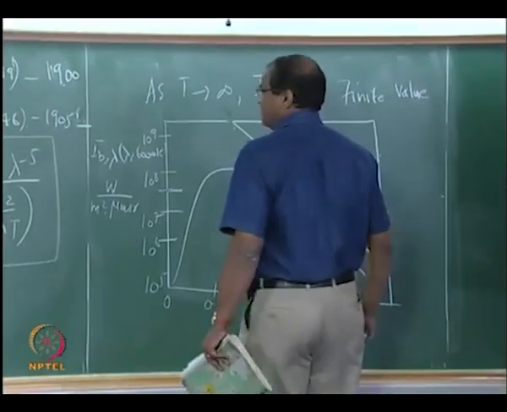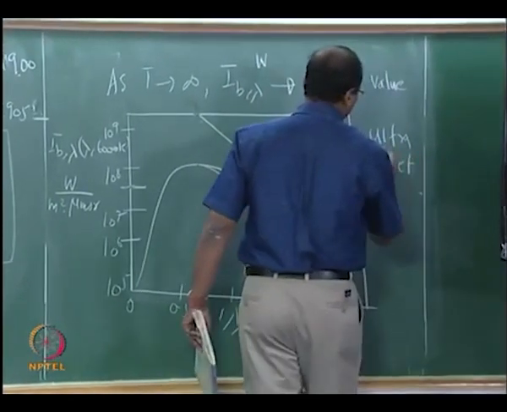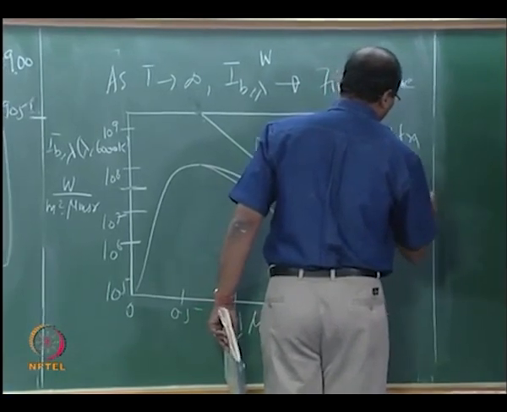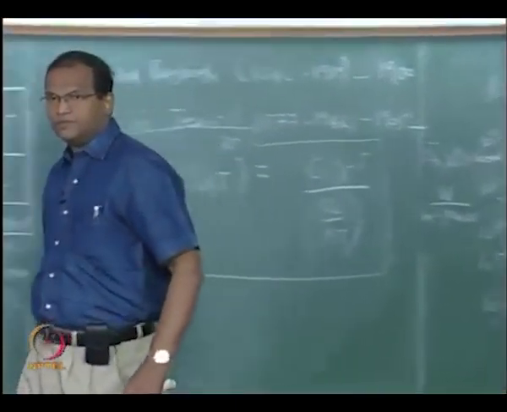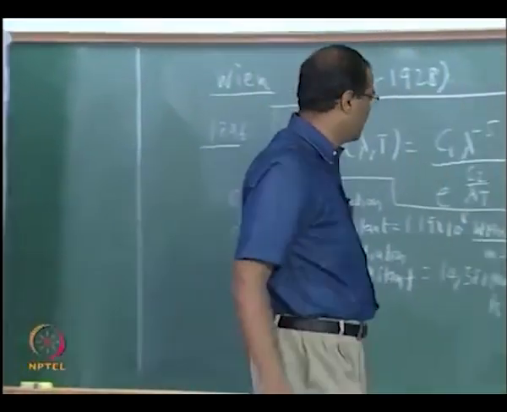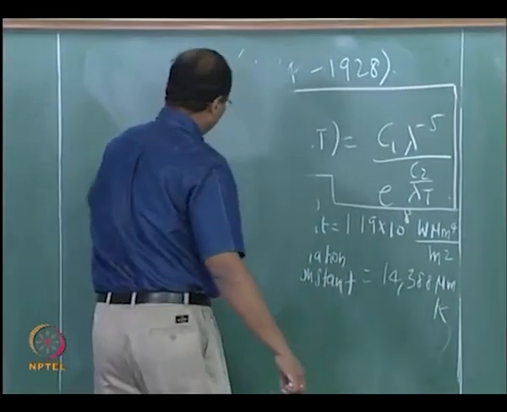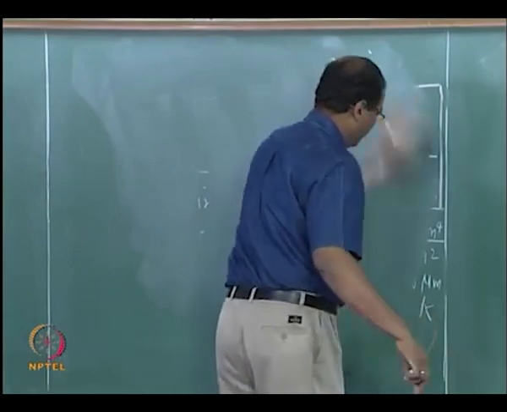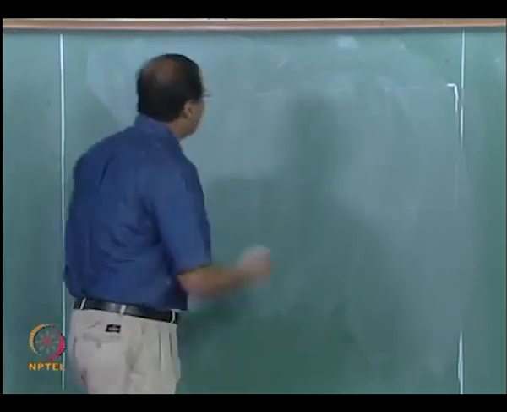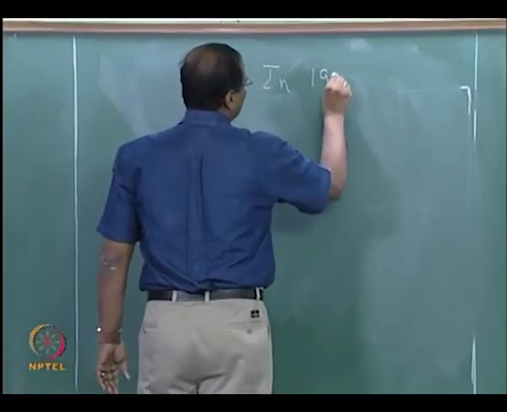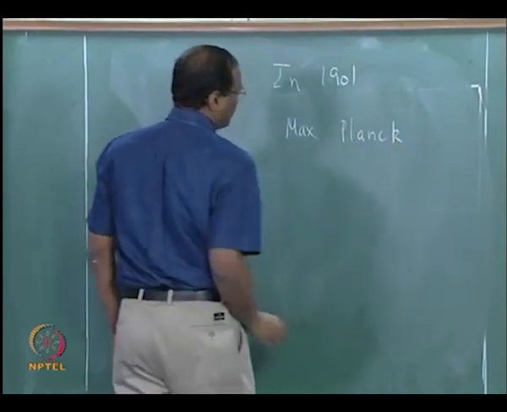Okay, so this was a shame for classical physics. But the beauty is, in 1901 Max Planck gave a distribution.